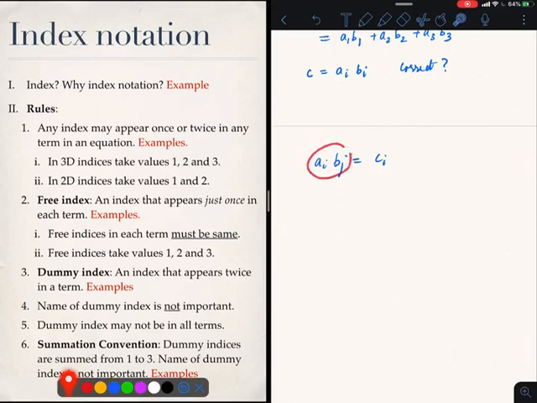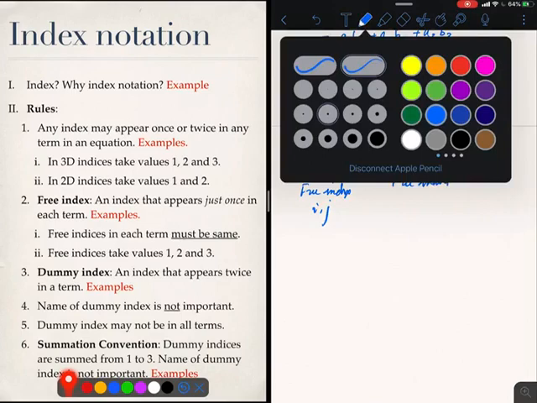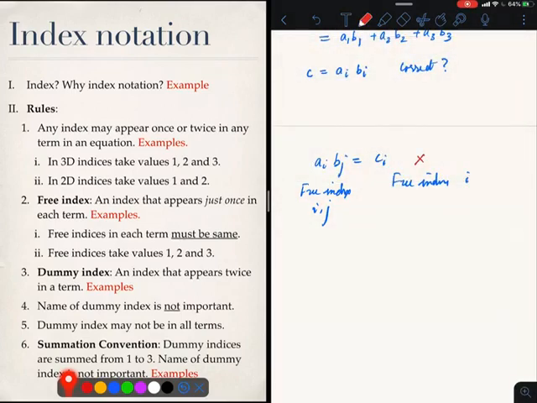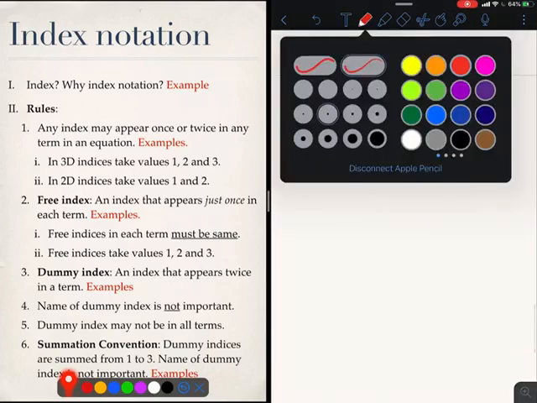Well, in this term the free indices are i and j, but over here the free index is only i. So what happened to j? So this equation is wrong.